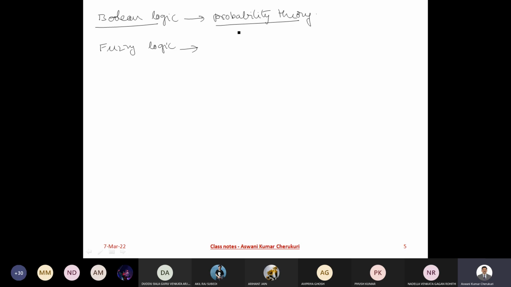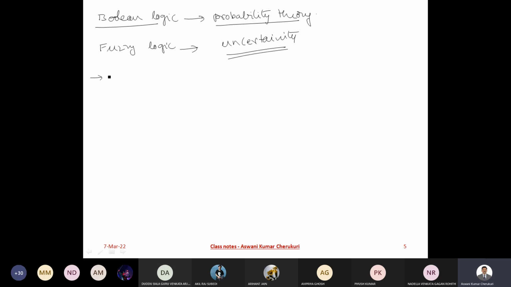There is a significant difference between fuzzy logic and probability theory. In fact, there is a similarity: both are trying to handle uncertainty. That is the similarity, but the way they handle the uncertainty is what differs.